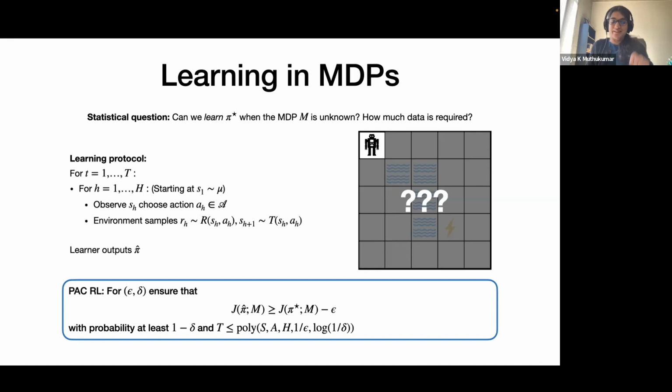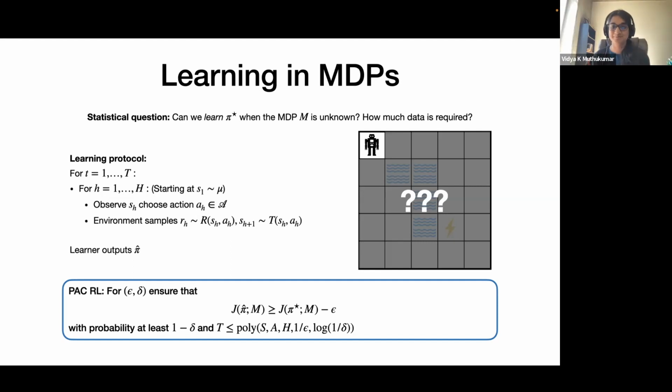Akshay, if you don't mind, I'm going to ask a quick question, maybe on behalf of attendees here. In your learning protocol, it does allow for the agent to restart at the beginning of the process again and again, right? It does. For every little t, the starting state S1 is drawn from mu.